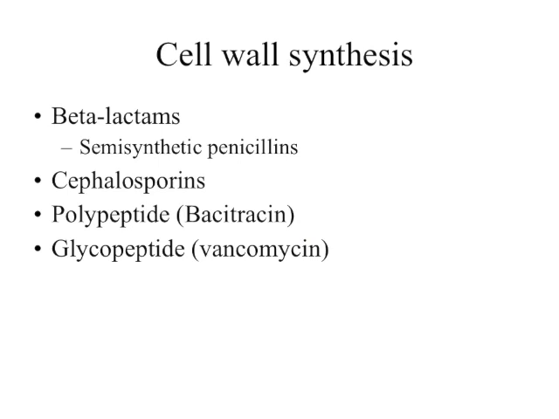Let's start by talking about the cell wall. There are a number of antibiotics that target the cell wall. We're going to look at these four here really briefly. So beta-lactams, these would be things like our penicillins and variants of penicillin. Semi-synthetic penicillins means that we've taken regular old penicillin, modified it in the lab to make a semi-synthetic.